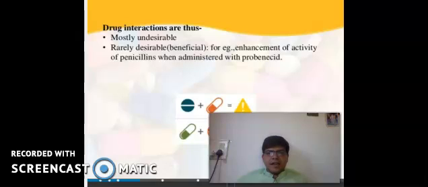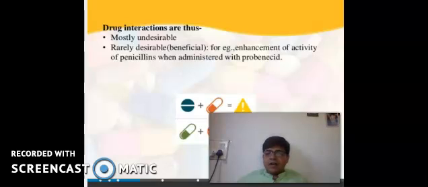Drug interactions are thus mostly undesirable, and rarely desirable, meaning useful. An example is the enhancement of the activity of penicillin when administered with probenecid. This is very rare, but most of the time drug interaction is undesirable.